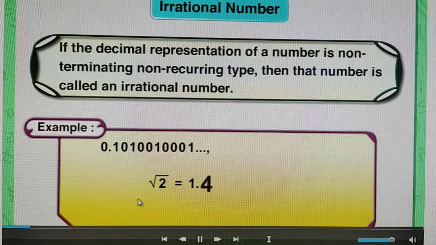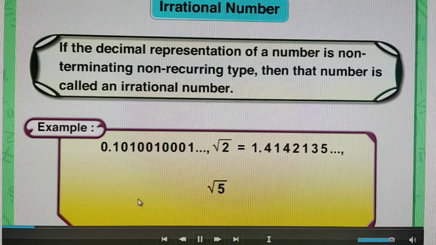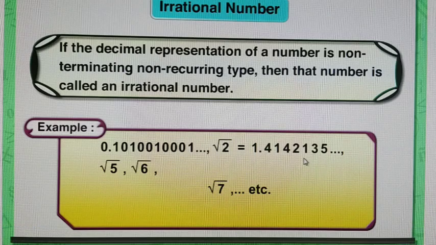Next example is root 2. Root 2 is equals to 1.414213 and so on. Here you can see no number or no digit is repeating, nor any group of number or group of digit is repeating.